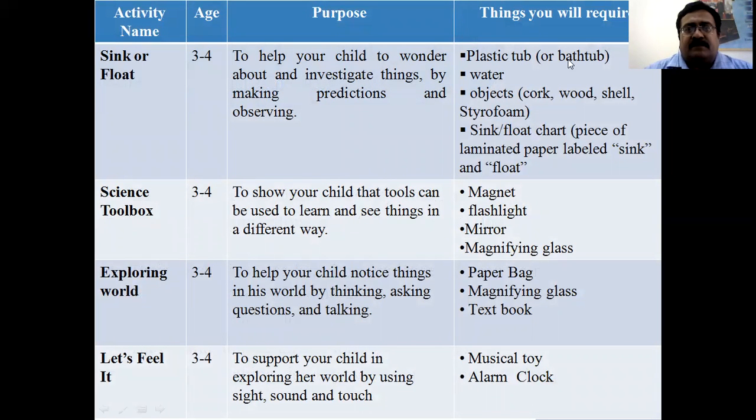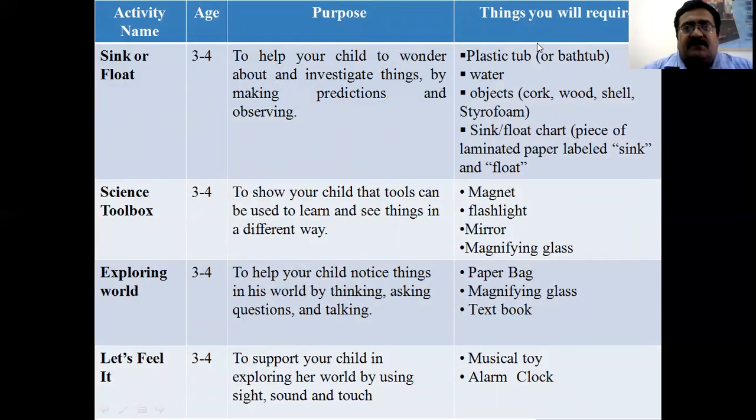These are a few examples by which we can use the scientific method of scientific thinking with a child of age 3 to 4 years. The activity name, age, purpose, things you will require. First activity is sink or float. The age is 3 to 4.